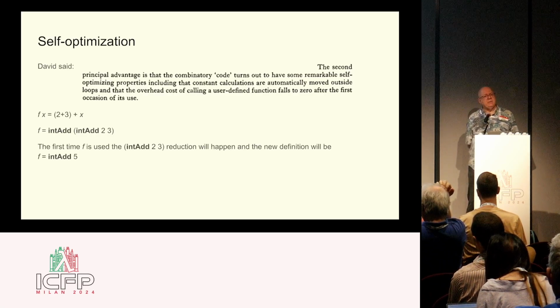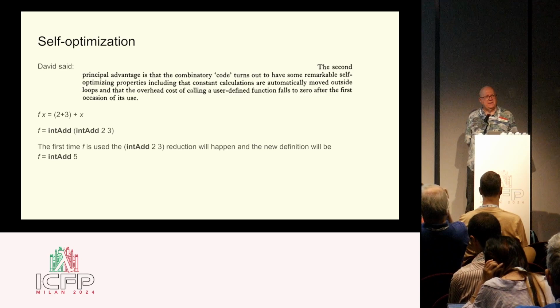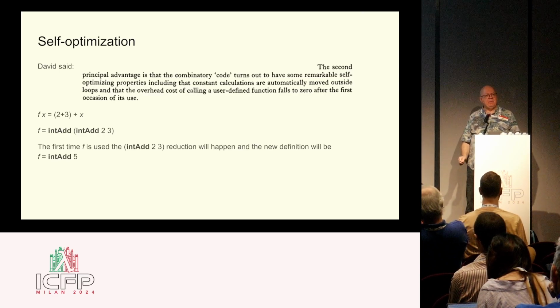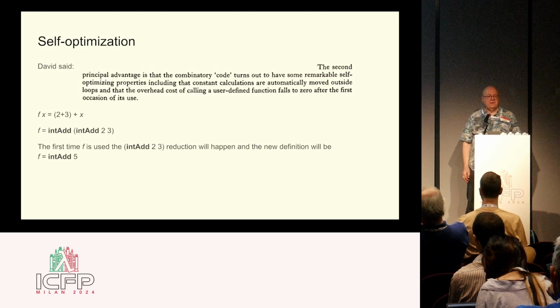And the first time you use the function, that int add 2, 3 will be overwritten in the graph by 5, because that's the value of it. And you always overwrite function applications with their results in the graph. So the first time you use that function, that constant folding will happen. And this is very cool.